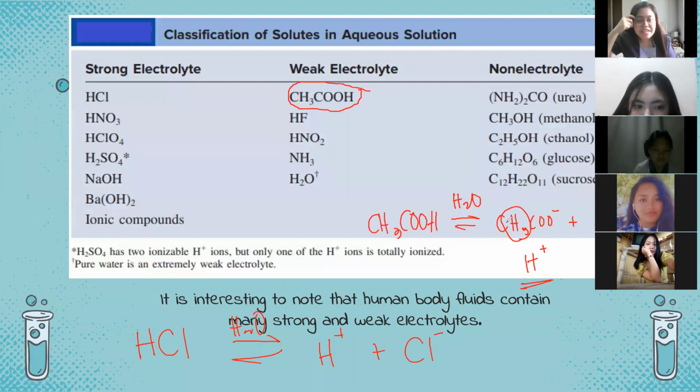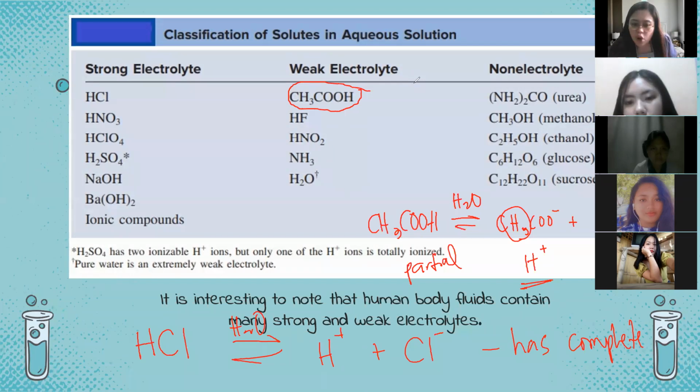That is the difference between a strong and a weak electrolyte. A strong electrolyte has complete ionization, meaning you get all the components ionizing, while this one has only partial ionization, so it's a weak electrolyte. So take note of the examples on the screen.